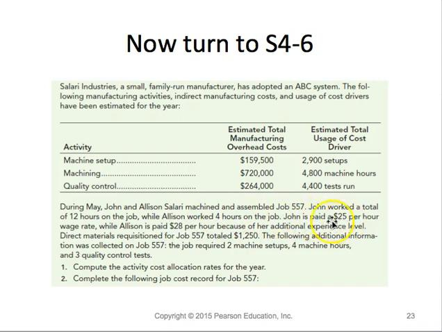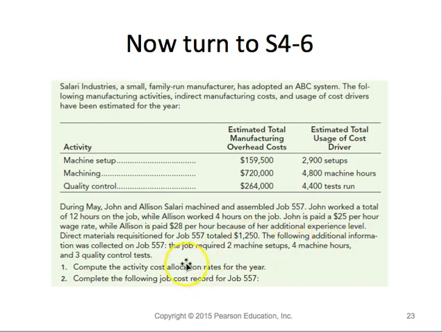John's paid $25, Allison's paid $28. So 12 times 25 and 4 times 28 is direct labor. And we have $1,250 for direct materials. So direct material, DM, cost will be this number.